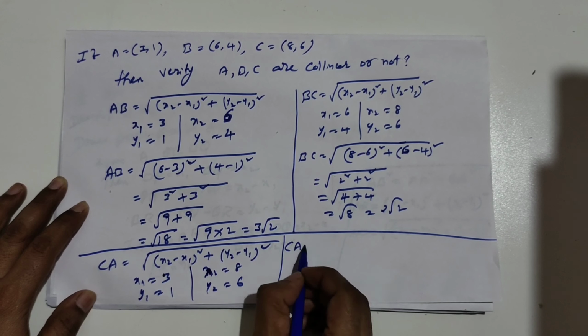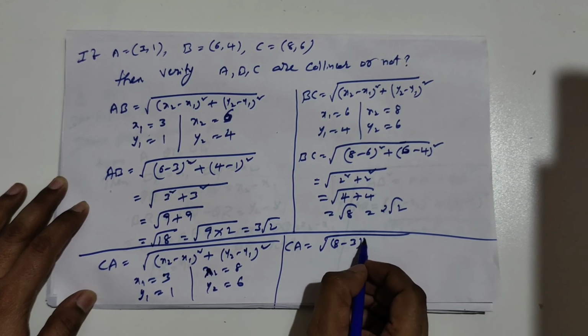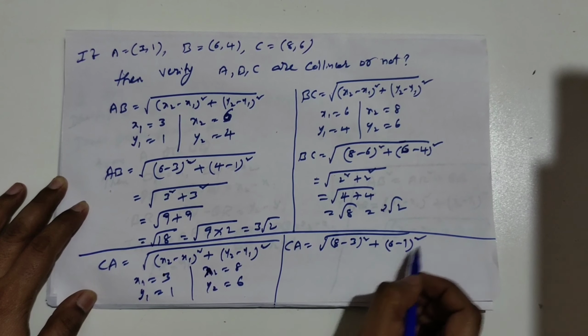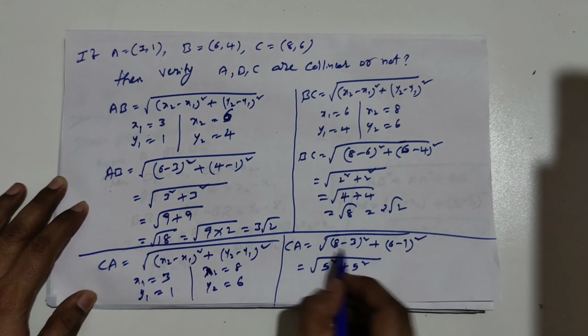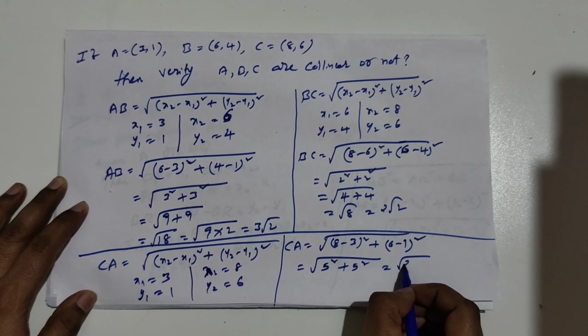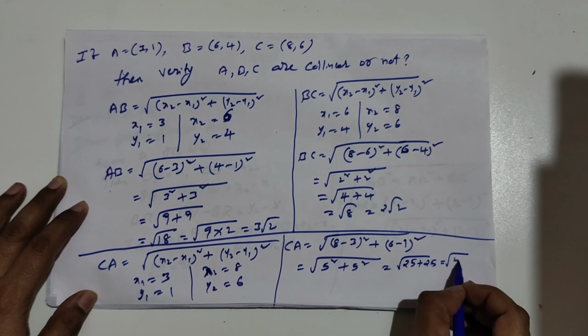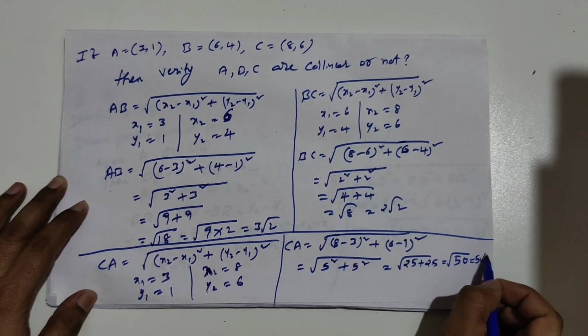So CA is equal to square root of 8 minus 3 whole square plus 6 minus 1 whole square, then 5 square plus 5 square under root, so under root of 25 plus 25, that is root 50, so we can make it 5 root 2.